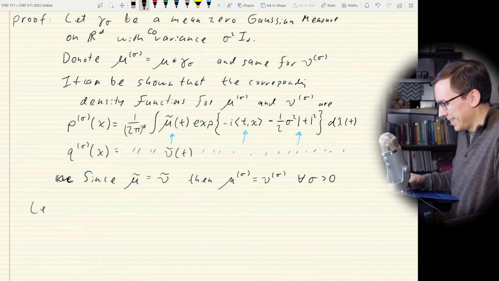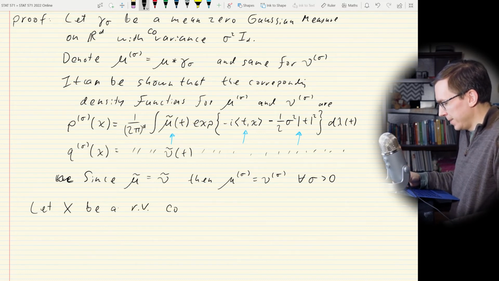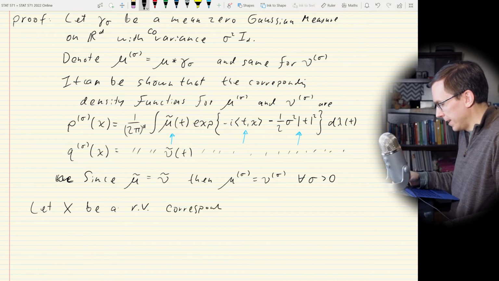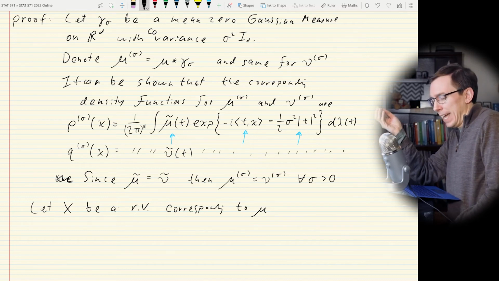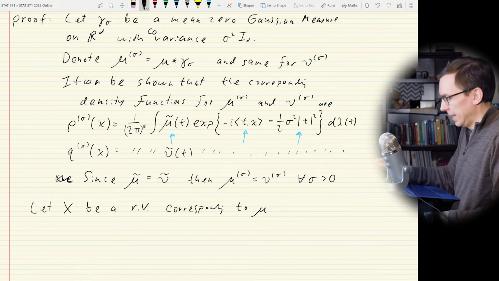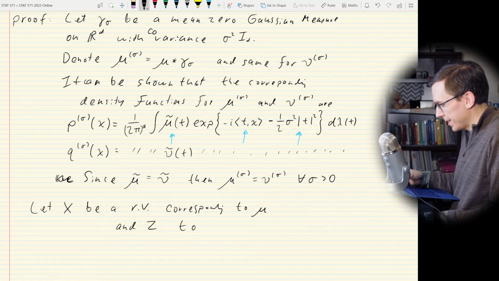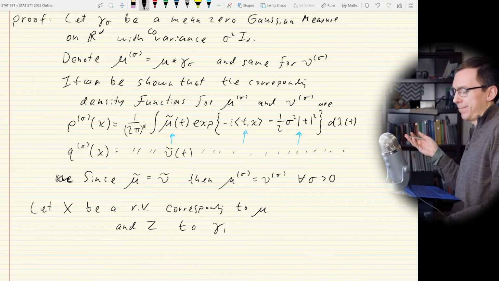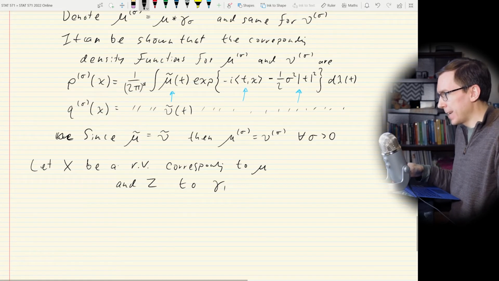Let X be a random variable corresponding to mu, i.e. the induced measure from X is this measure mu. And Z corresponding to gamma 1. So Z is our standard multivariate normal random variable.